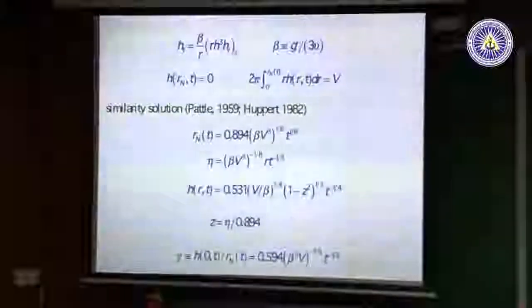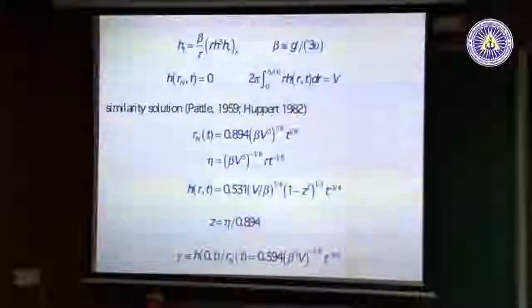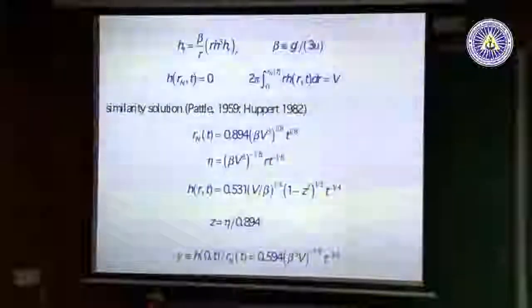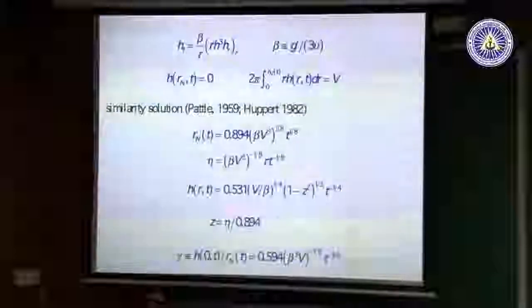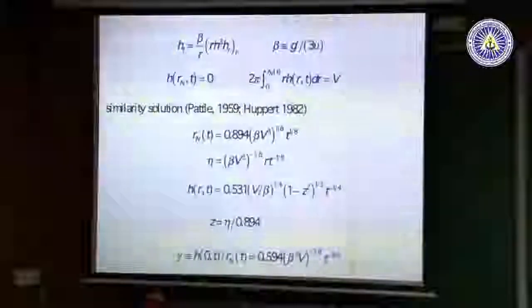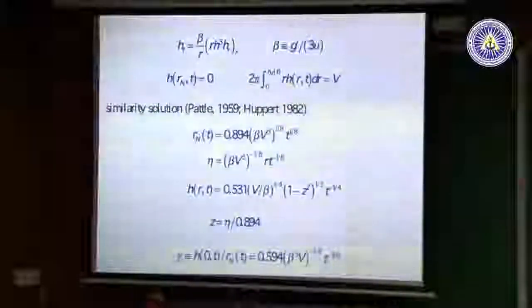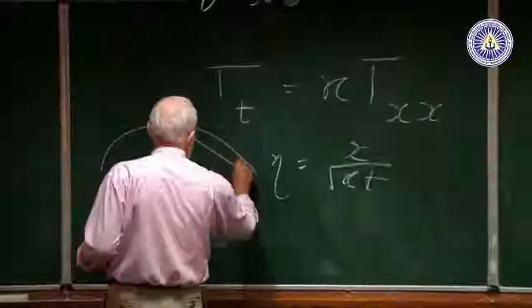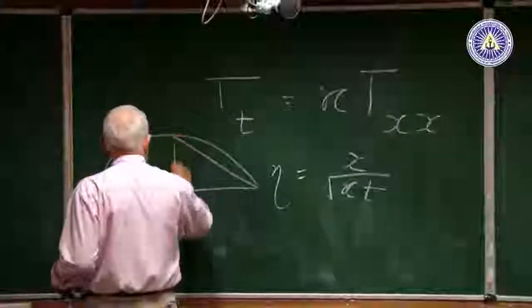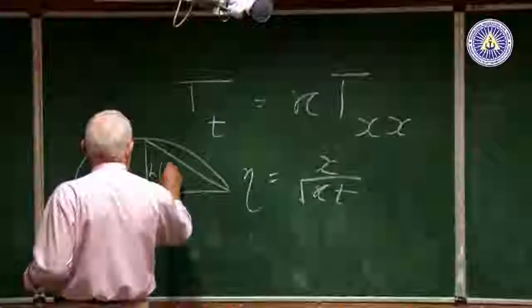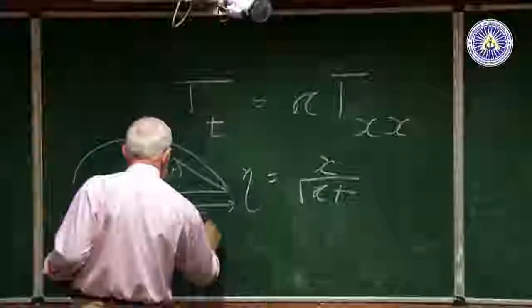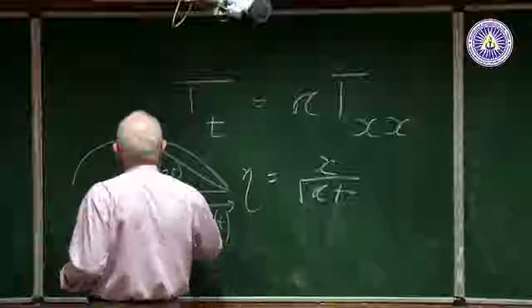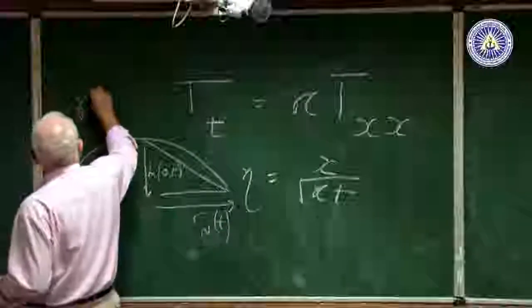Here's the eta, the equivalent of x over root kappa t, and I've normalized it so that the variable z goes between 0 and 1. So there's the similarity solution. What's going to be of interest is, when it looks like this at some stage, to take this slope, h at 0,t against Rn of t, and I'm going to call that gamma.